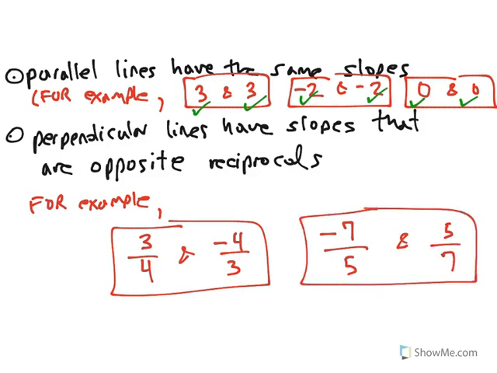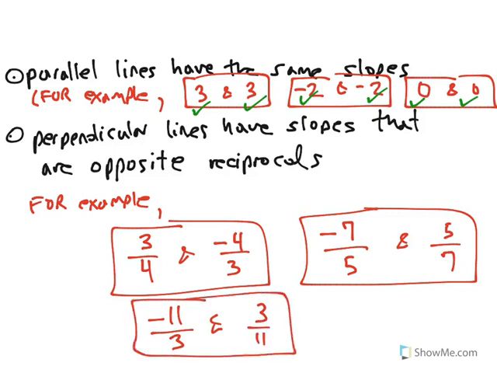If the slope of one line is -11/3, then the slope of the perpendicular line would be +3/11. So perpendicular lines have slopes that are opposite reciprocals. They have opposite signs, and also they are reciprocals of each other. Parallel lines have the same slopes.